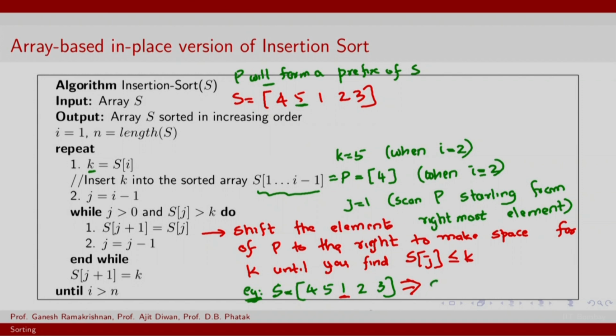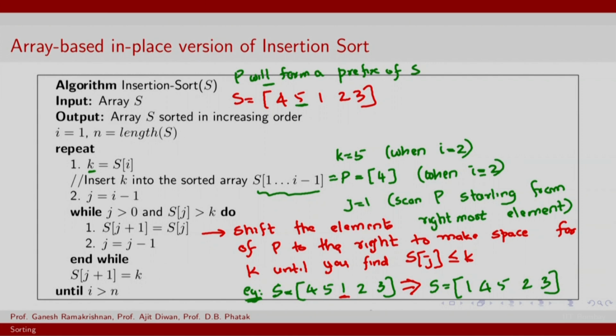S will need to make space for 1, 4 and 5 shifted, and then place 1 will be occupied by S, and that is exactly what happens when you set Sj plus 1 equals K. 2 and 3 are unaffected.